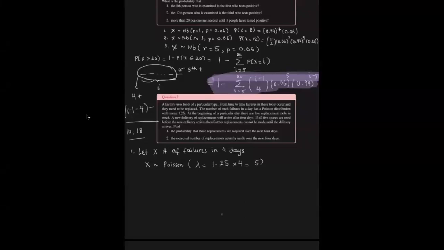And the probability that 3 replacements are required is the same as the probability that there are exactly 3 failures, right? And we recall the PMF for Poisson distribution.